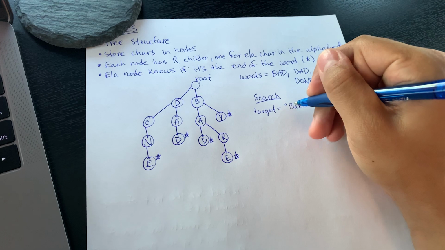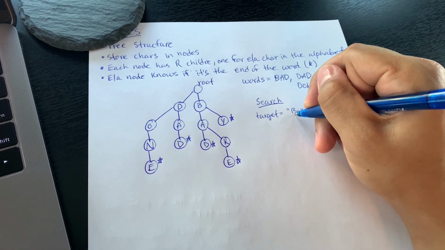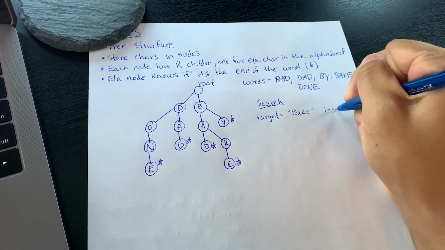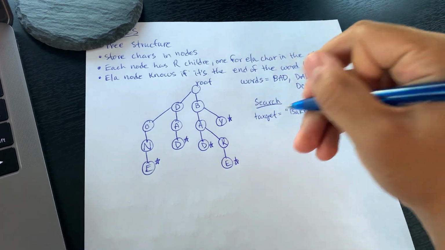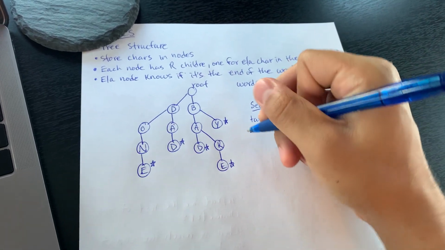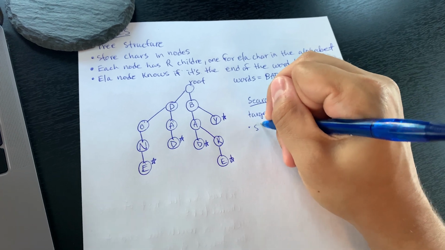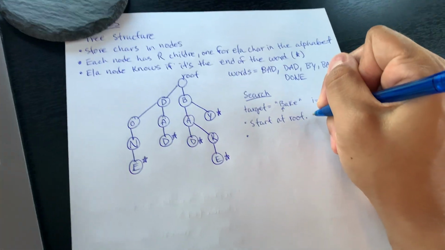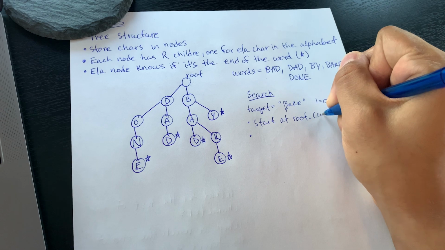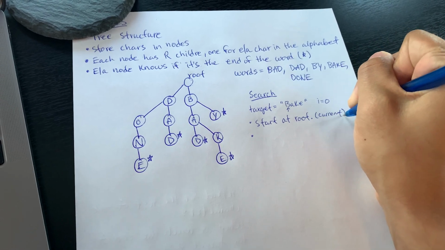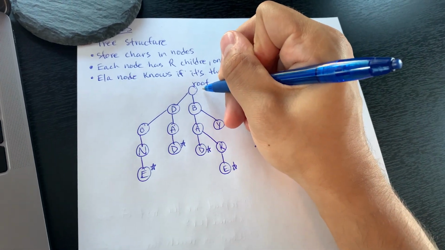All right. So we're going to start off by iterating through each character of our target. Let's say we start with index I equals 0. The first thing that we're going to do is start at our root node. So we'll start at the root and we'll set the root as our current node. So current is over here.